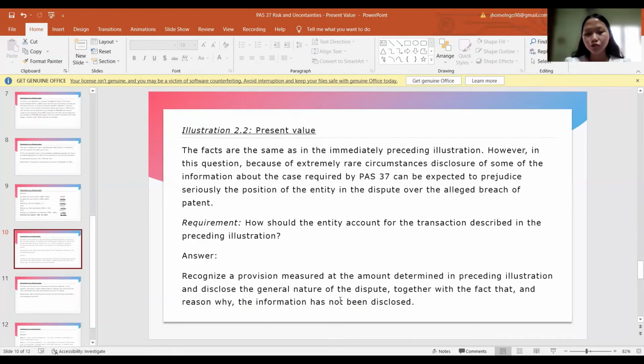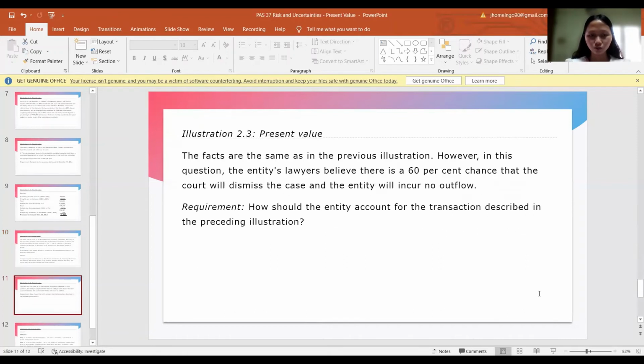Requirement: how should the entity account for the transaction described in the preceding illustration? Answer: recognize a provision measured at the amount determined in the preceding illustration and disclose the general nature of the dispute, together with the fact that and reason why the information has not been disclosed.